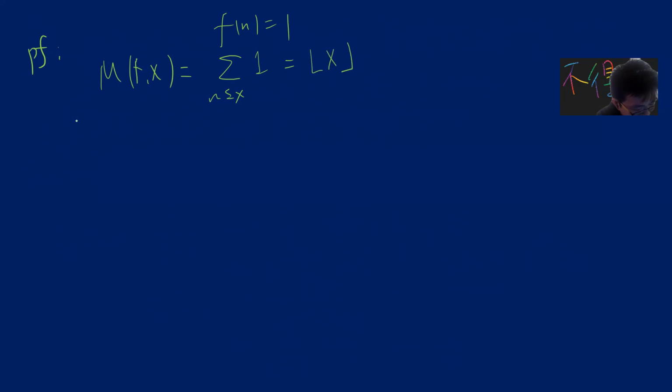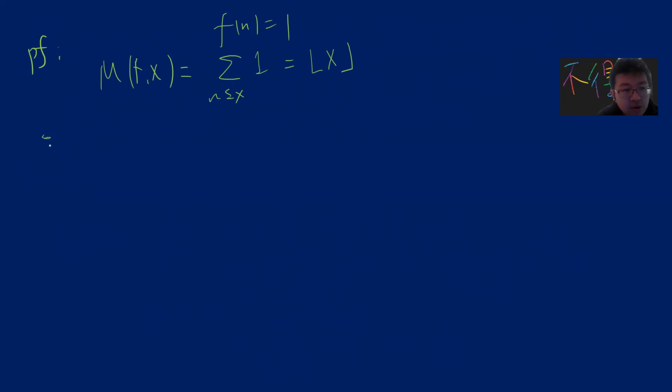We can use the Dirichlet series. Quickly, what we should do is take f of x, and let's say f of n to be 1. So this will be the sum over n less than or equal to x of 1, so it's just the floor function of x.